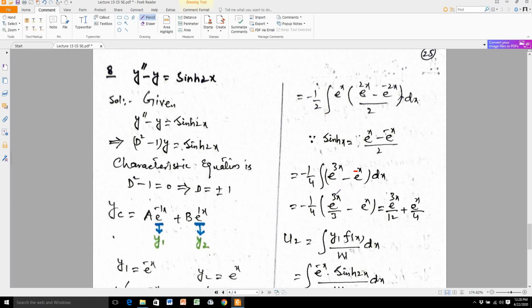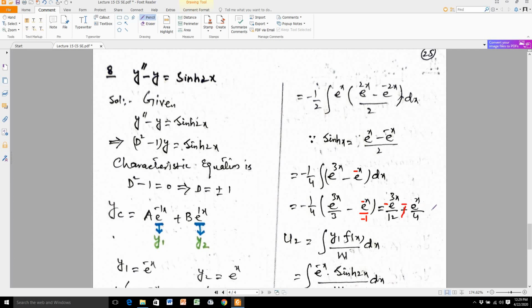So when I integrate this, e raised to the power 3x divided by 3 and minus e raised to the power minus x divided by negative 1. So when I multiply minus 1 by 4 with the interior terms, this is equal to minus e raised to the power 3x divided by 12, and then negative negative is positive, then negative, so you make it negative here.